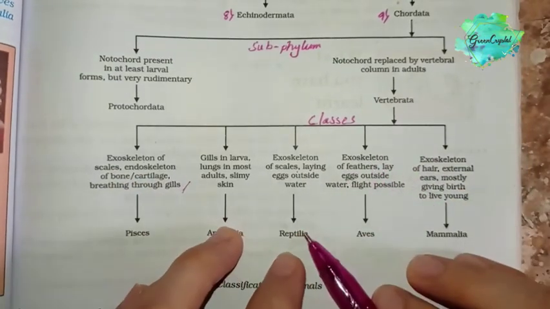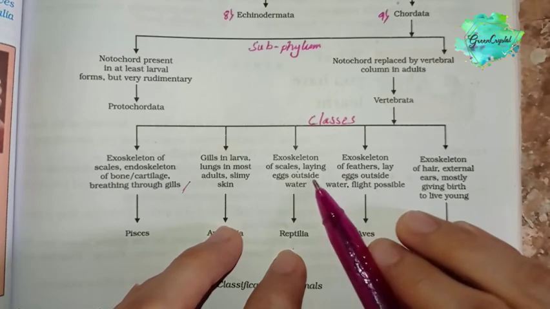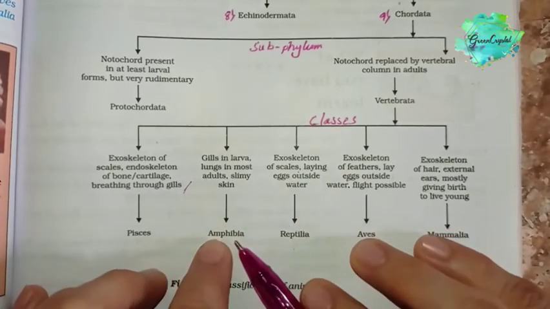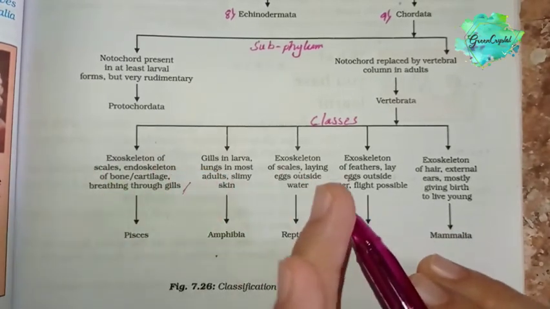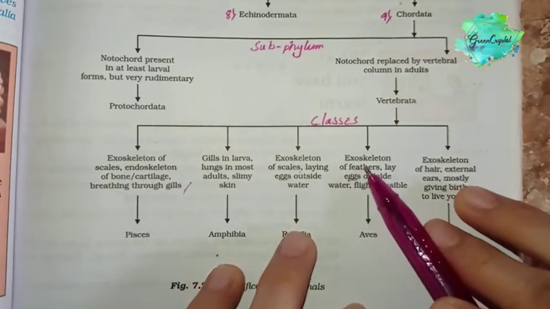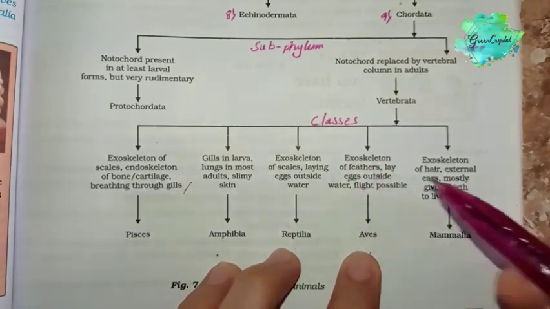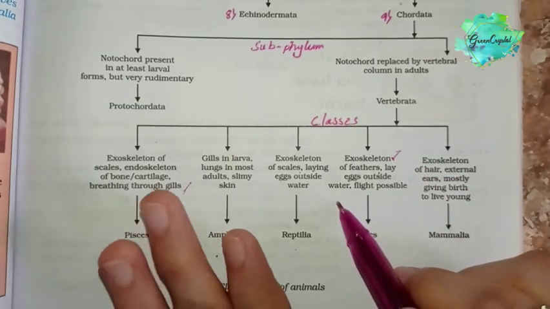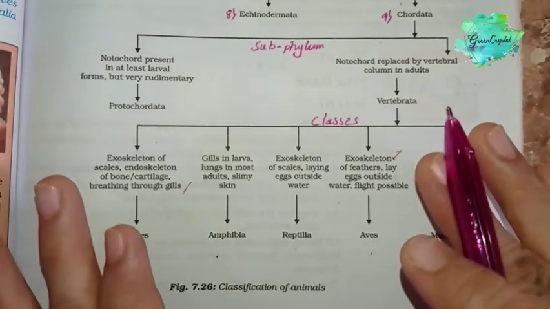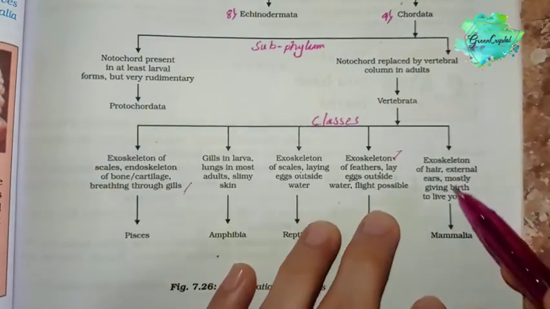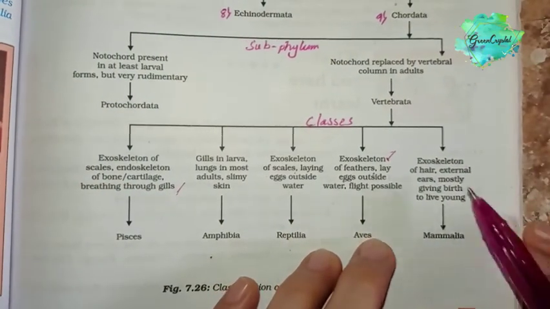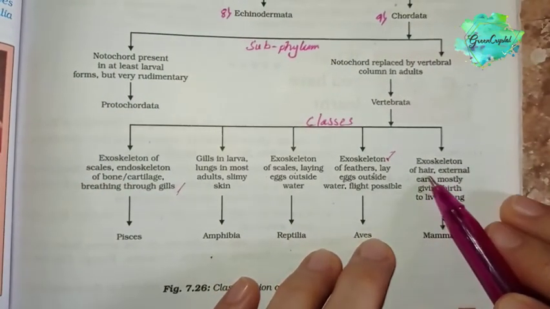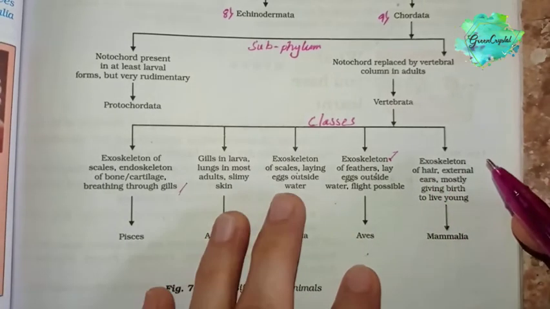In reptilia they lay eggs outside the water, but amphibians lay eggs inside the water. See the differences at once. Aves have an exoskeleton of feathers, they lay eggs outside the water, and flight is possible. They fly. Mammalia have an exoskeleton of hair, like monkeys, lions and tigers that are full of hair.